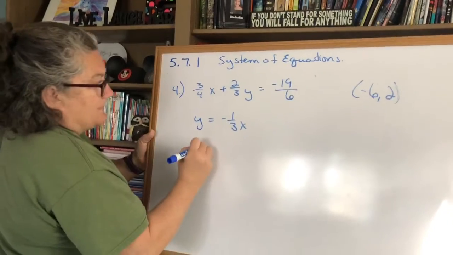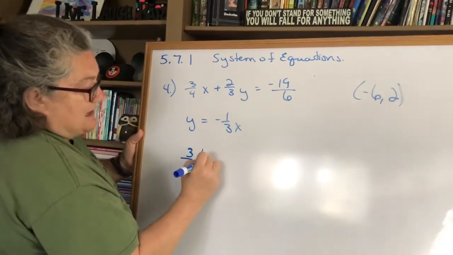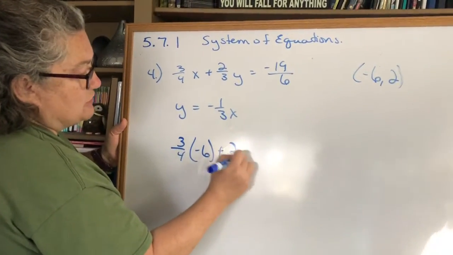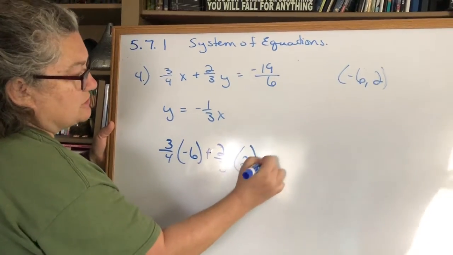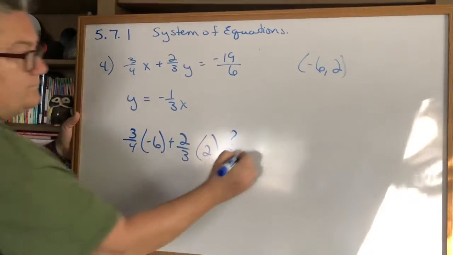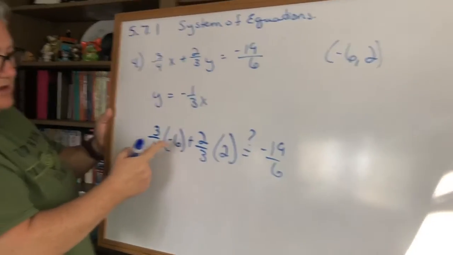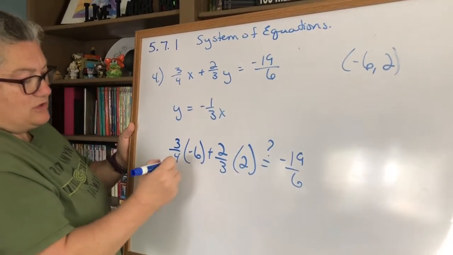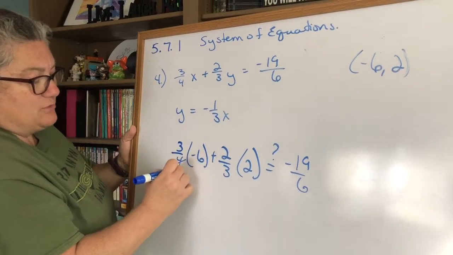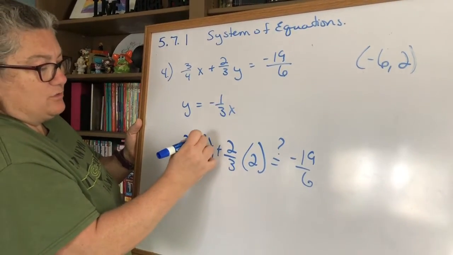So here we go. 3/4 times negative 6 plus 2/3 times 2. Does it equal negative 19 over 6? So we can cancel out a 2 here because 4 divided by 2 is 2, and this divided by 2 would be 3.